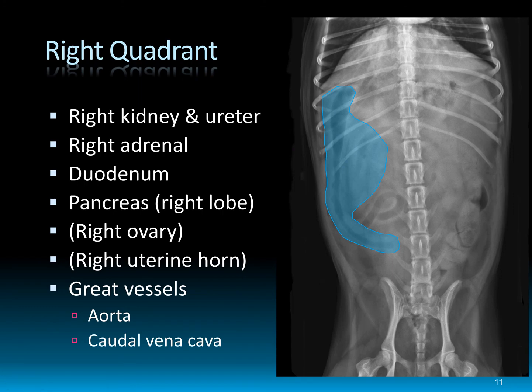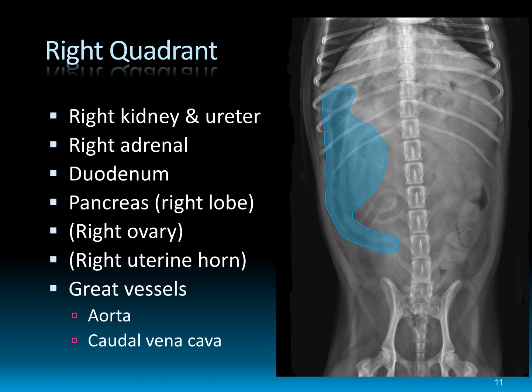Moving to the right quadrant, I'm following along: I looked at the pancreas, now I'm going to slide over and look at the rest of the pancreas. Remember, the pancreas right lobe is over here along with the duodenum. Again, in any patient, you may not see the pancreas or the entirety of it, but it's important to look for it. Most of the big things in the right quadrant are the right kidney, ureter, and the right adrenal gland, and again, the duodenum.